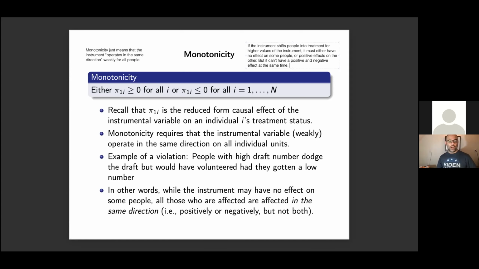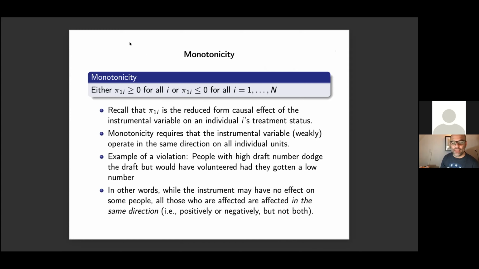Okay, so monotonicity requires that the instrument operate in the same direction for all individuals. All right, so it's a little bit easier to understand. So what that means is, let's say you have two types of people.